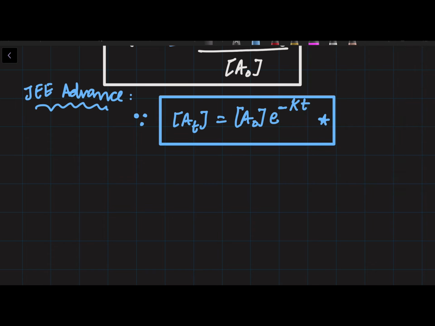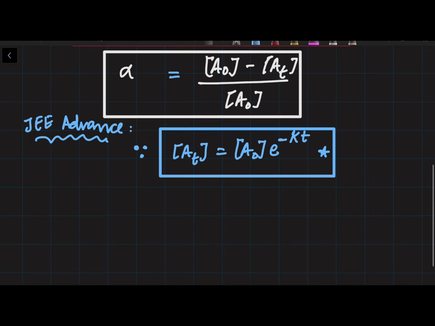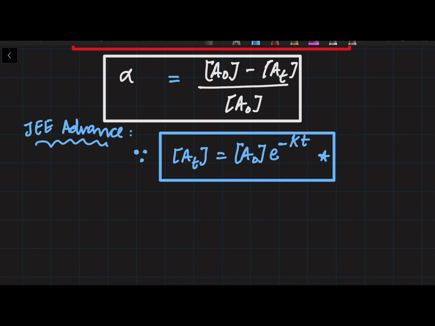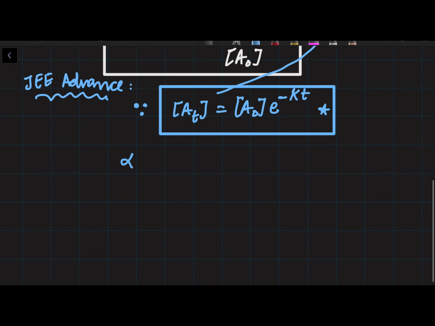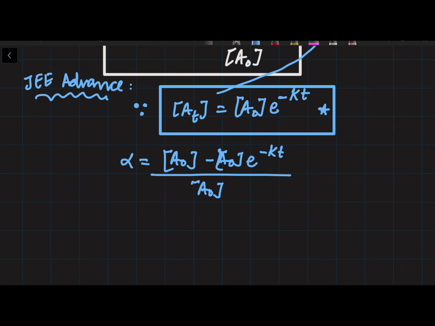Since we know this, we can directly put the value of At here. Just put the value and we will have alpha equal to A naught minus A naught e raised to the power minus kt, divided by A naught.